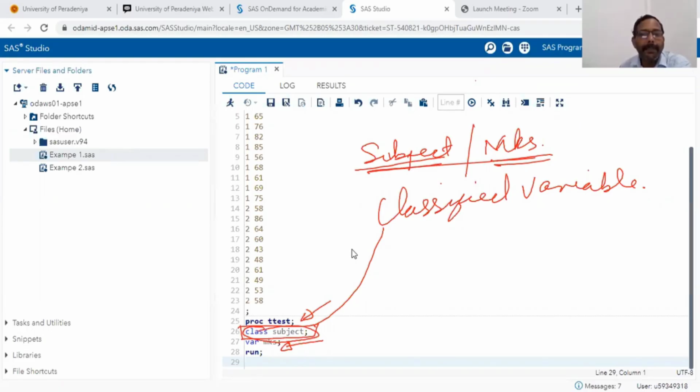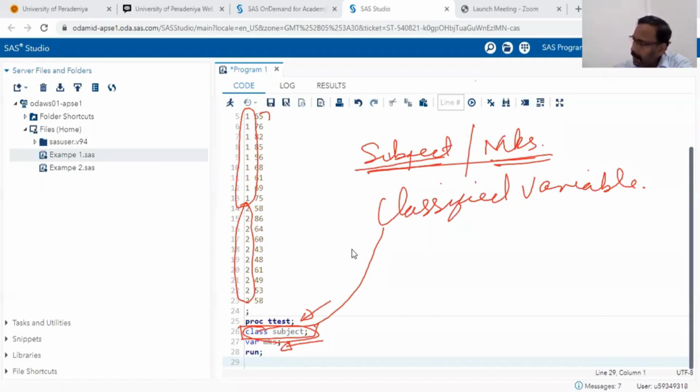Here we say these are classified variables, the grouping variable. So the subject is the classified variable. Hereafter we will look at all the classified variables one by one.